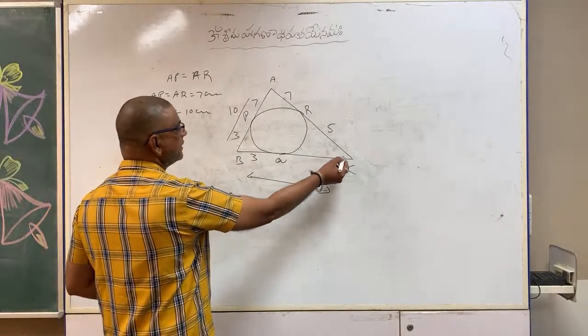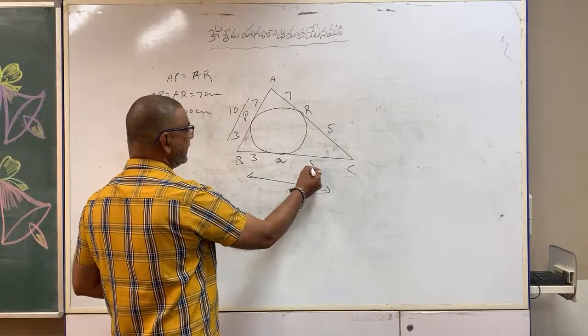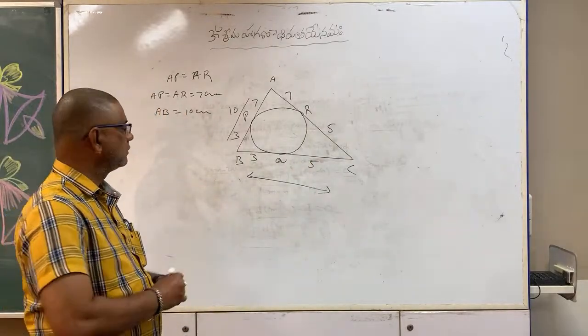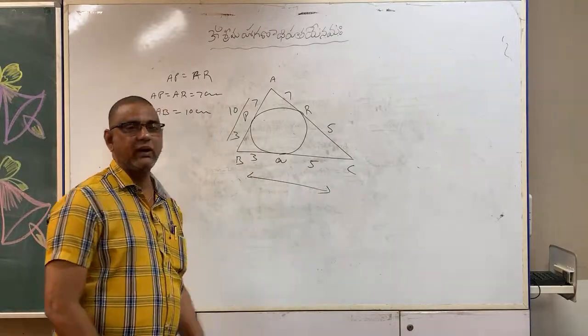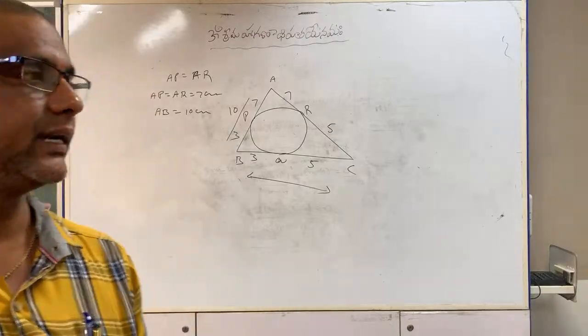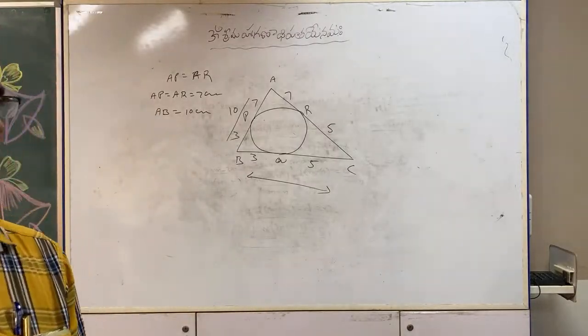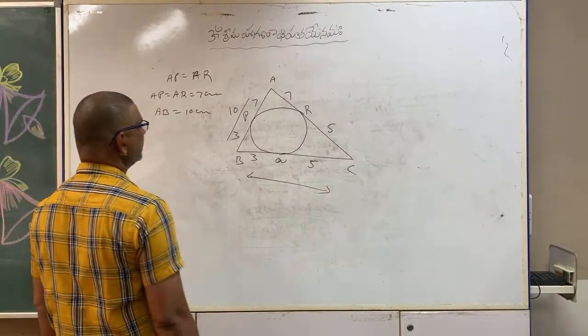In the same way, CR and CQ are equal, so CQ will be 5. So BC is equal to BQ plus QC, 3 plus 5, which is 8 centimeters. Sorry, 8 centimeters.